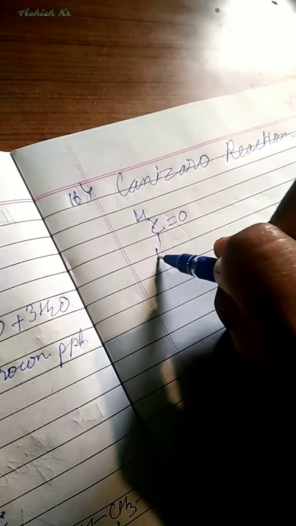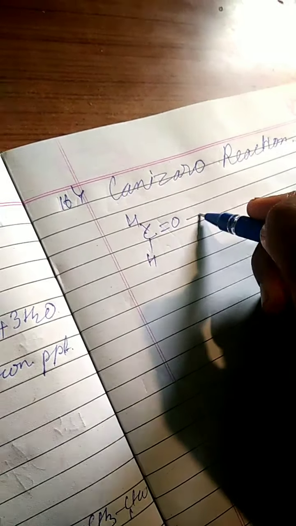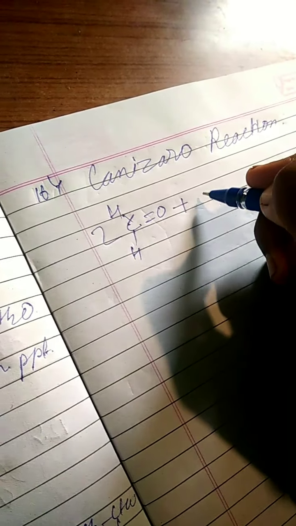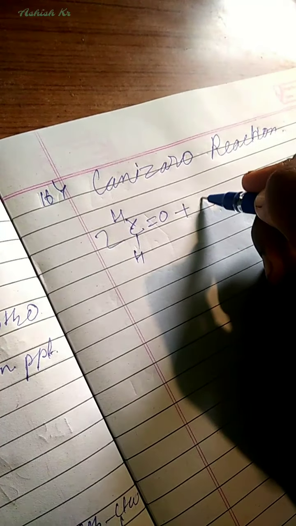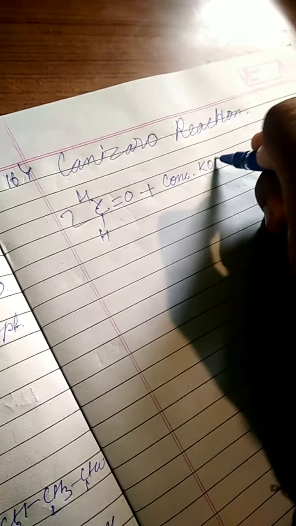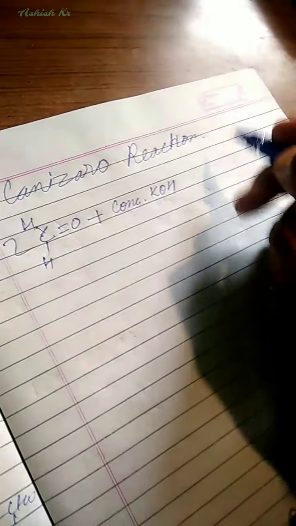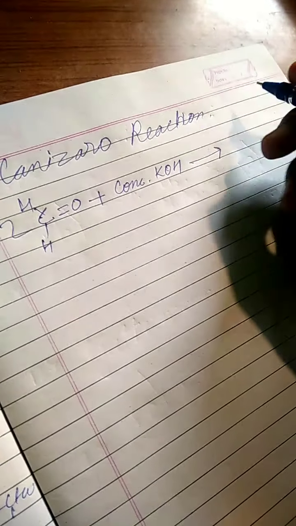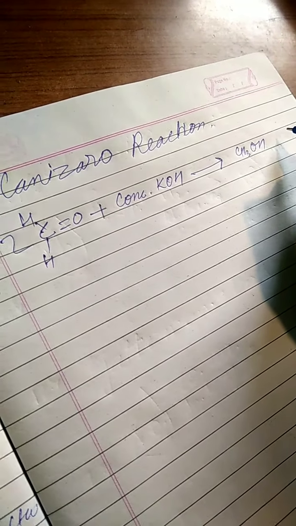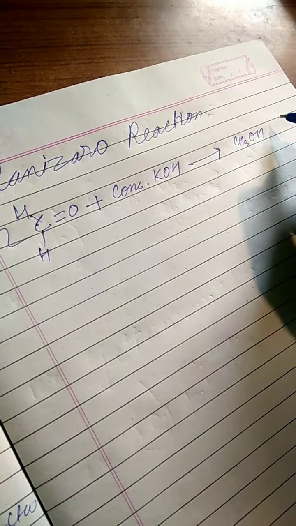We react it with concentrated KOH, and on reaction it will give methanol, CH3OH, and potassium formate.